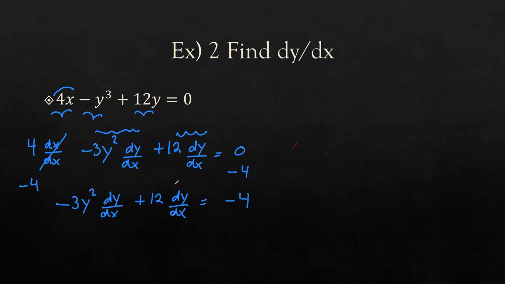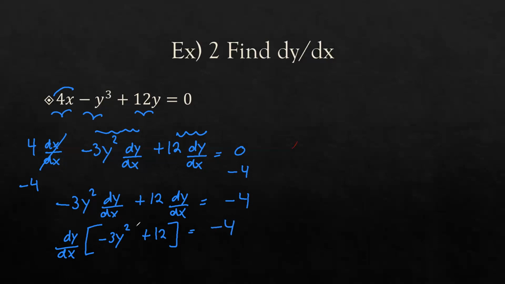So as you can see on the left side, they both have the dy dx, so take it out. And then this is going to be negative 3y squared plus 12. And then on the right side, it's negative 4.